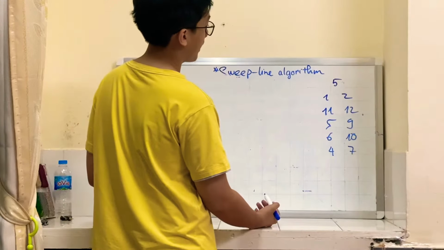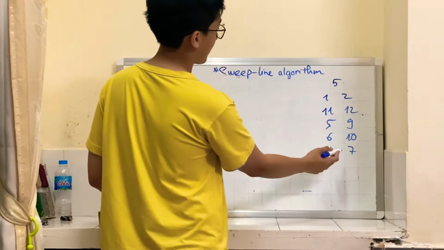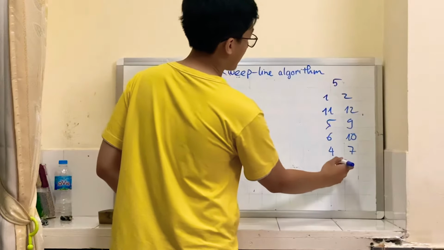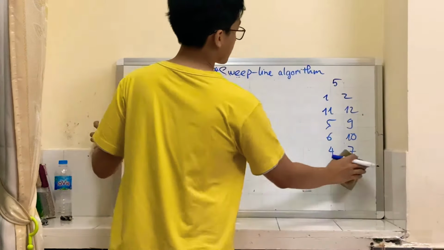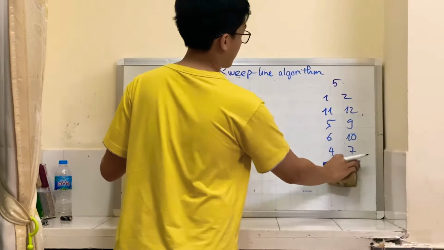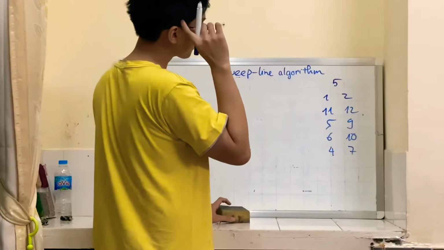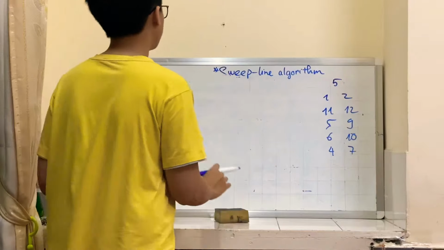Like we can have a line with values 7, 8, because 7, 7 is a duplicate. So we only solve it when endpoints are pairwise different.